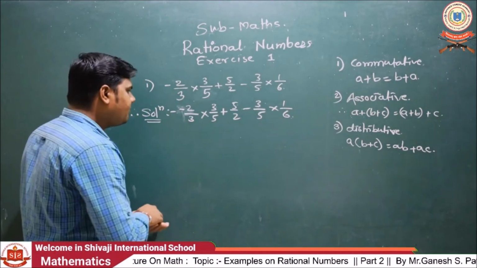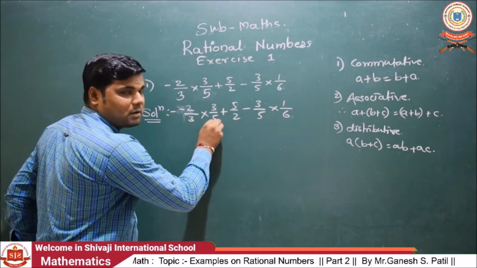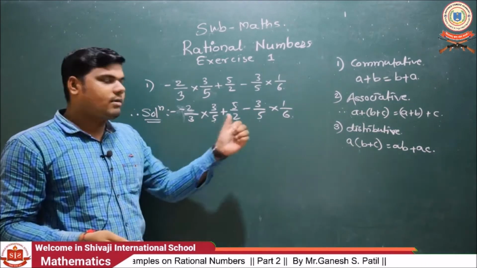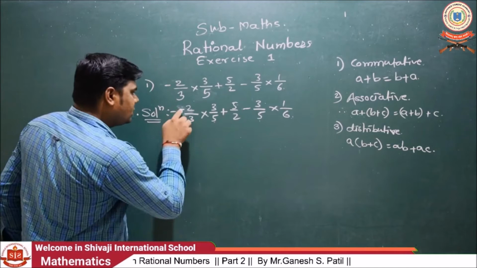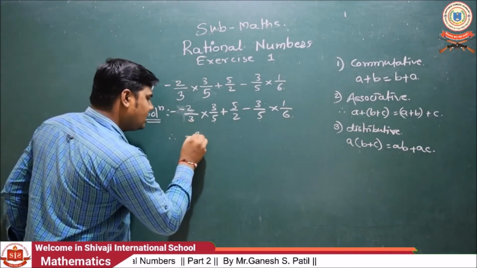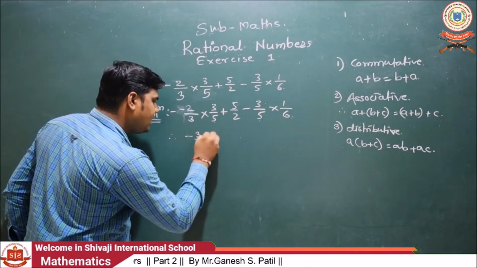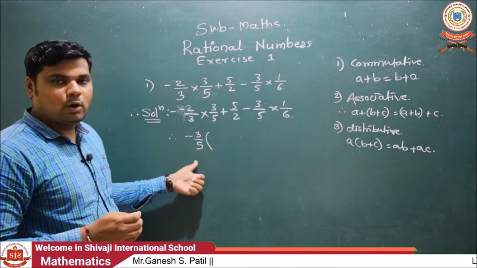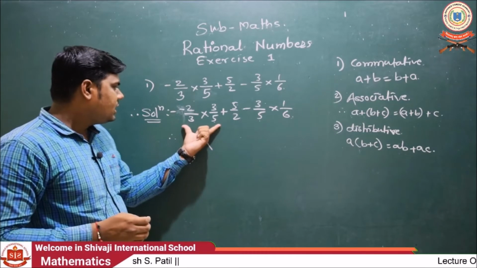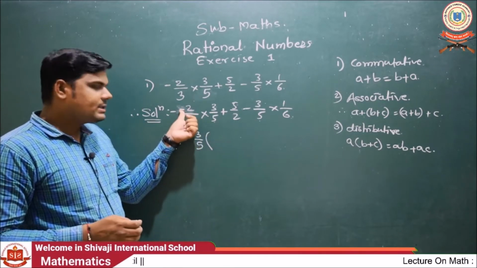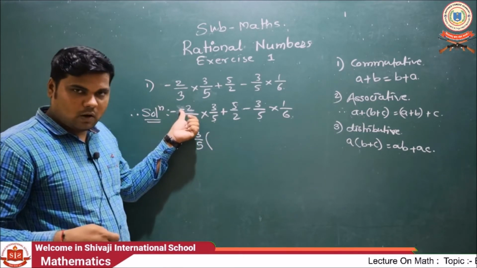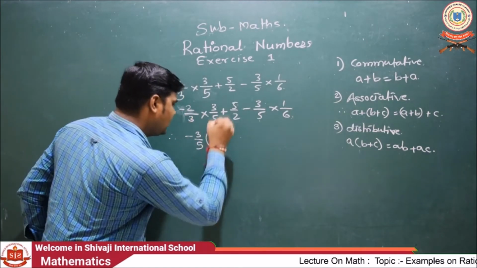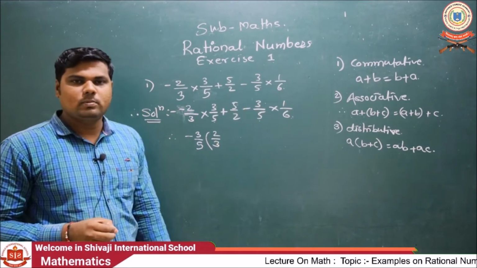In the first term there is 3 upon 5 and also in the third term there is 3 upon 5. So we take minus 3 upon 5 common. In the first term, after taking the minus sign common, only 2 by 3 remains, so write 2 by 3 in the bracket.